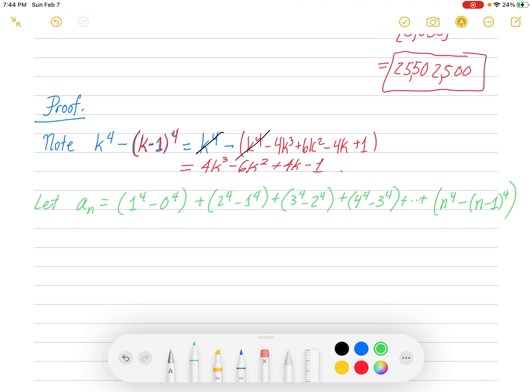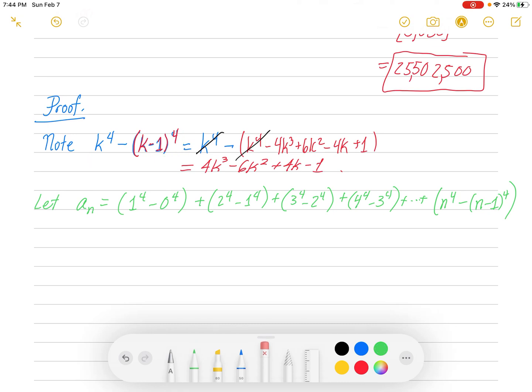So that's plugging in 1 for k, 2 for k, 3 for k, 4 for k, and so on and so forth, all the way up to n for k, and plugging that into the formula and adding those terms up. That's on the left-hand side. That would be this side right here. Plugging in 1, and then 2, and then 3, and then 4, and then all the way up to n, and then adding those terms up.